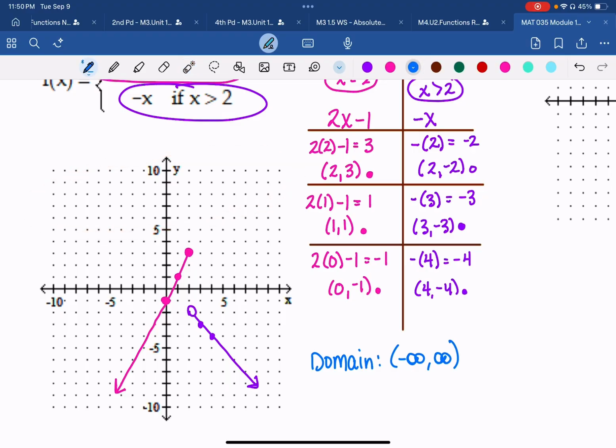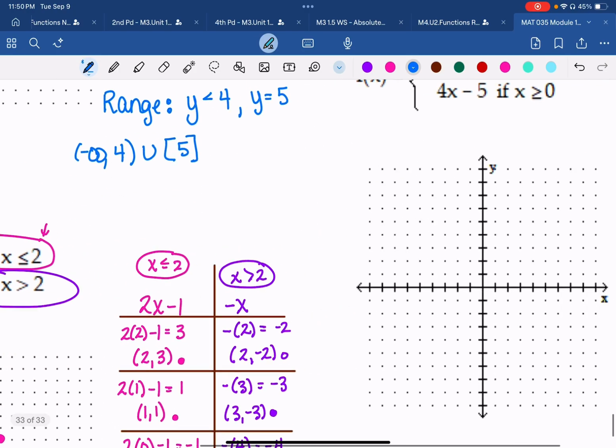So that means that for my range, I'm going from negative infinity, and I'm going all the way up to 3. And since that's a closed dot, it's going to be a bracket. Remember, this could have been all real numbers. Also could have been y is less than or equal to 3.